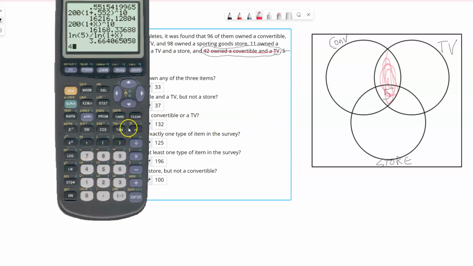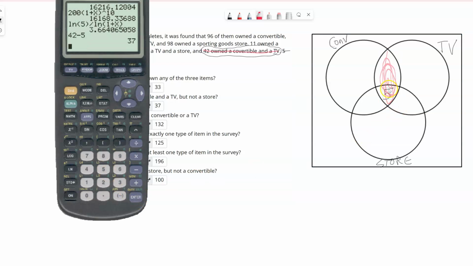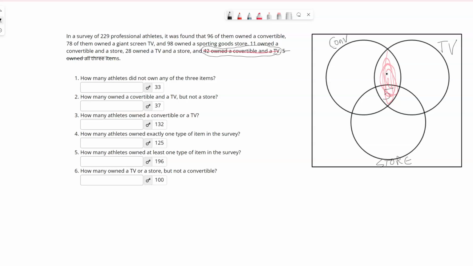So if we just do 42 minus 5, we get 37. That's the part of the people that don't own all 3, but do own a convertible and TV. So this is 37, and that one's now done.